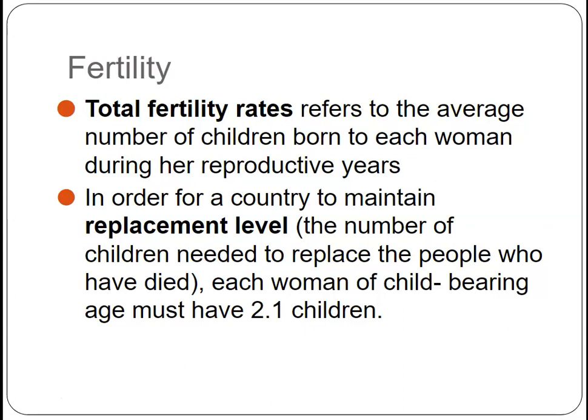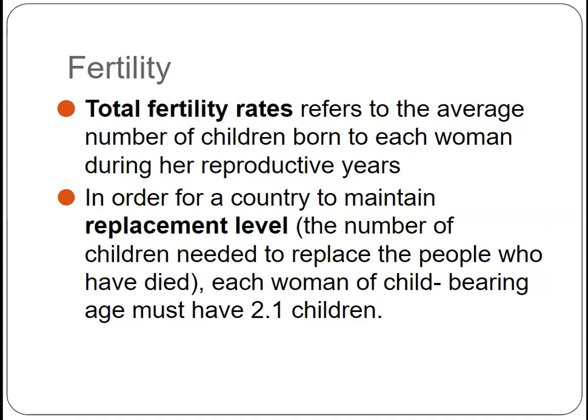So that 2.1 is to make up for the child who may die in infancy or may die as a teenager, whatever child doesn't make it to adulthood. Okay? So, in order to keep your population completely level, just looking at natural increase, not looking at immigration, that replacement level, each woman has to have 2.1 children. So your fertility rate would be 2.1.